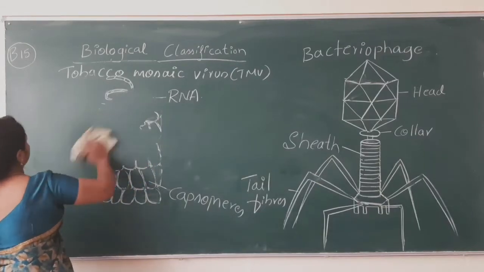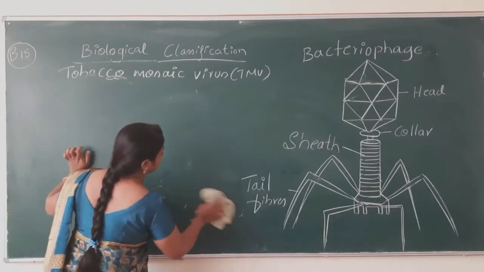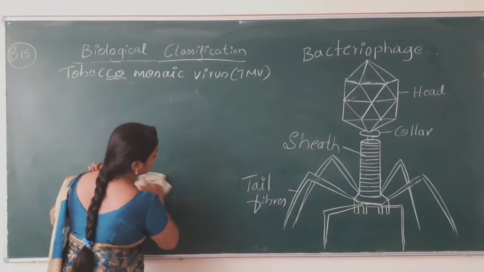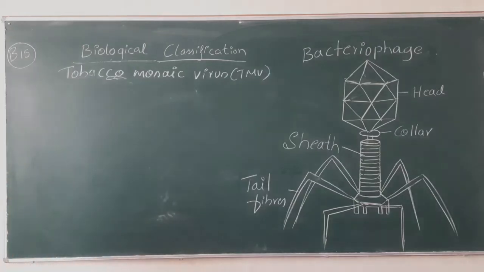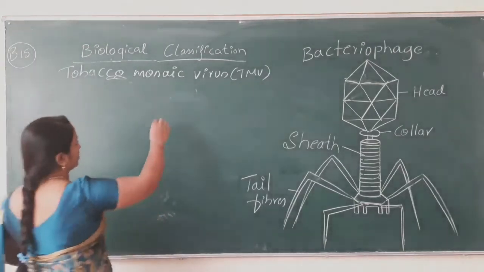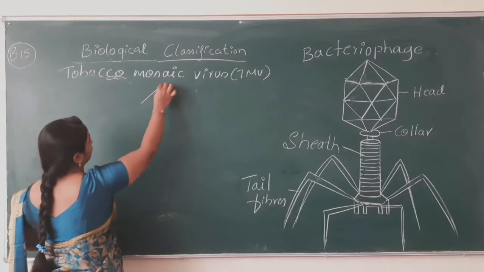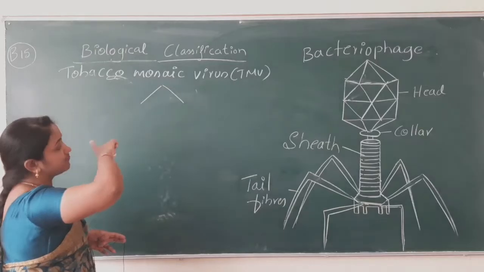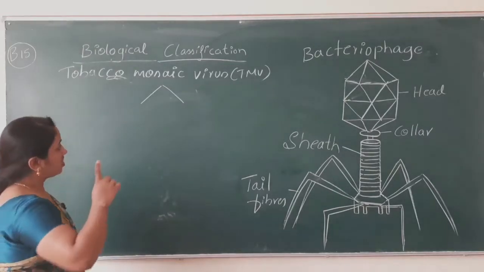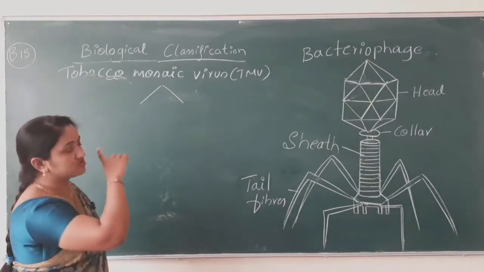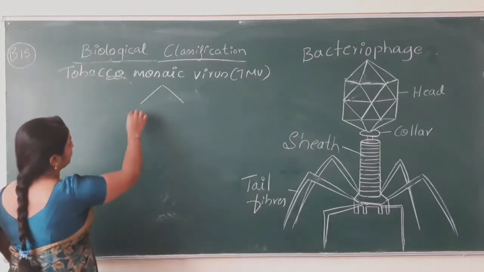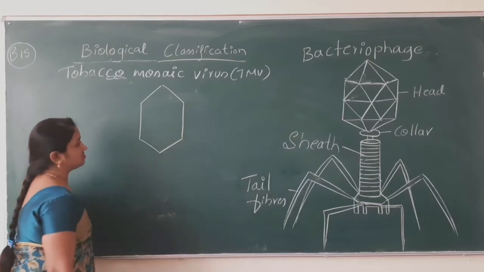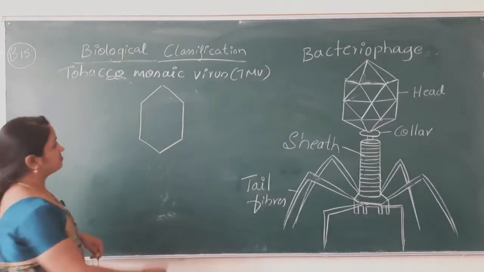So don't worry and don't get confused, and don't draw the wrong diagrams, just draw the correct diagrams. First, you have to start the bacteriophage. If you want to draw the bacteriophage, you have to start with the head part. So just draw the outline first so that you can complete your diagram.